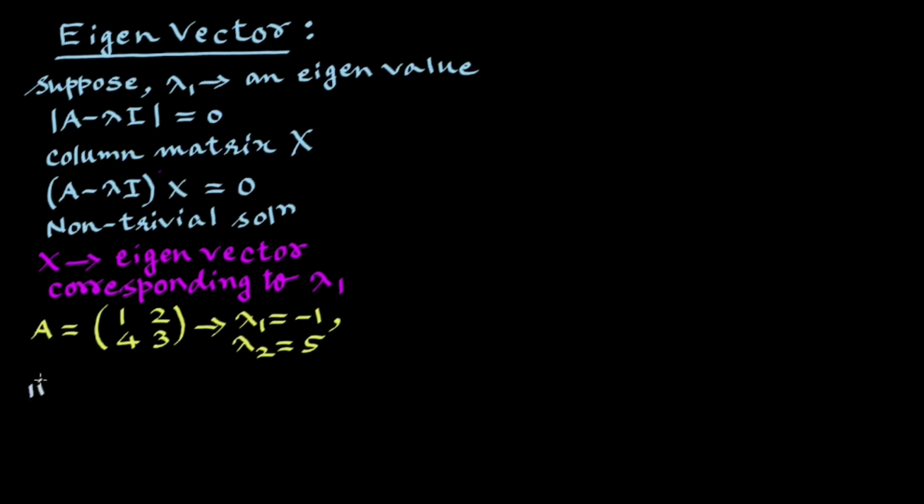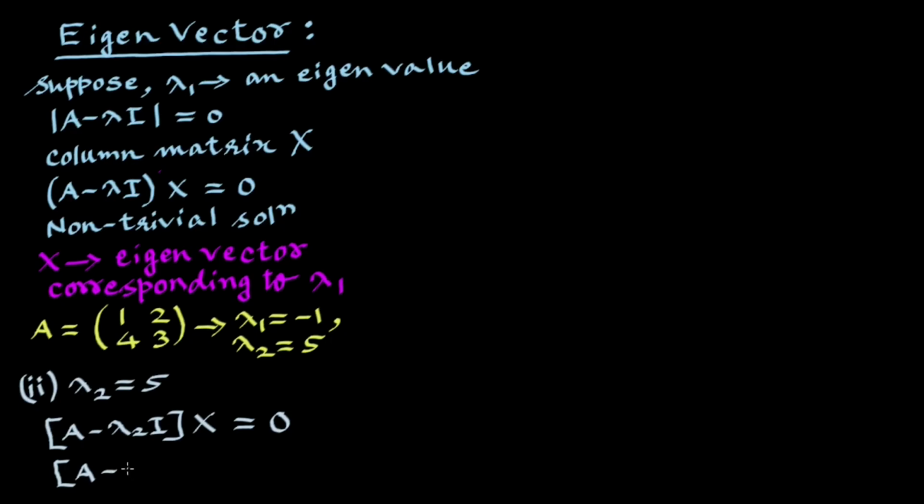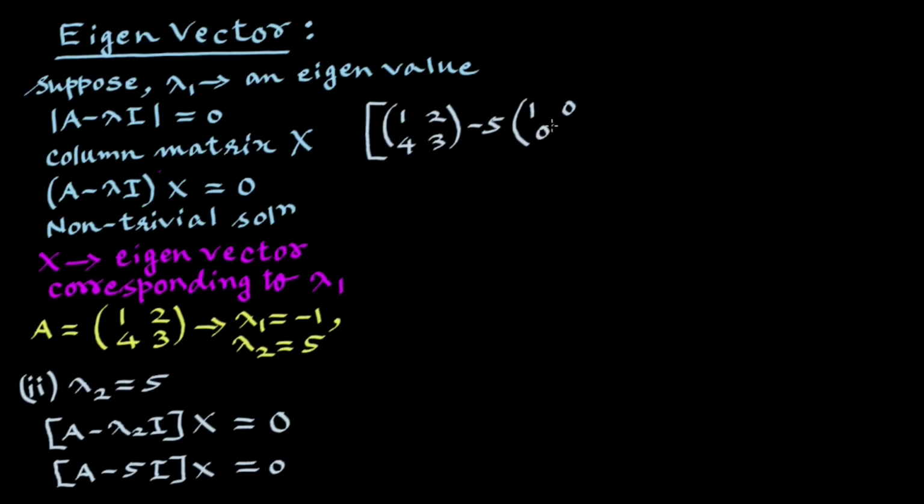So number 2, eigenvalue lambda 2 equals 5. We write matrix A minus lambda 2 I into X equals 0 matrix. Matrix A minus 5I into X equals 0. Matrix 1, 2, 4, 3 minus 5 unit matrix 1, 0, 0, 1 into matrix x1, x2 equals 0 matrix.